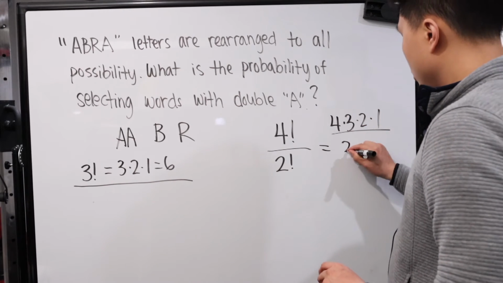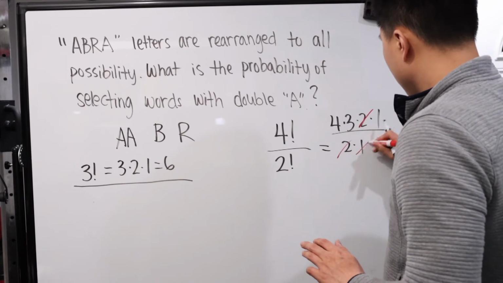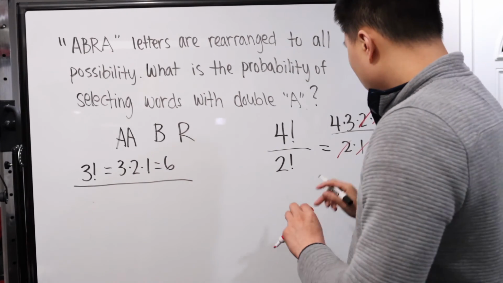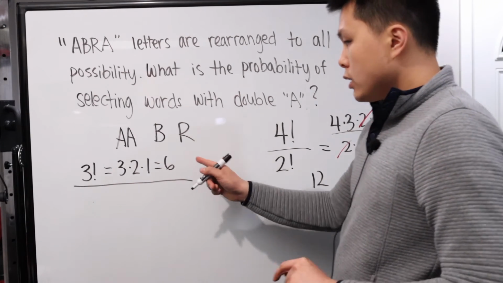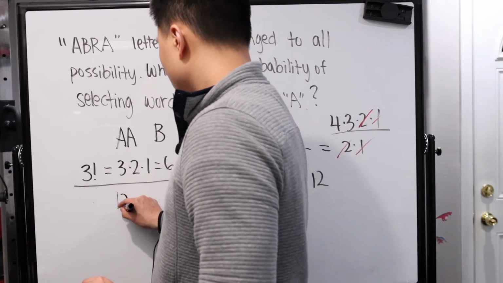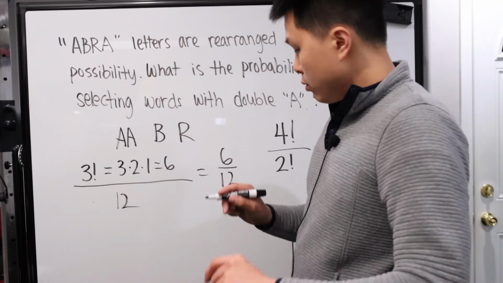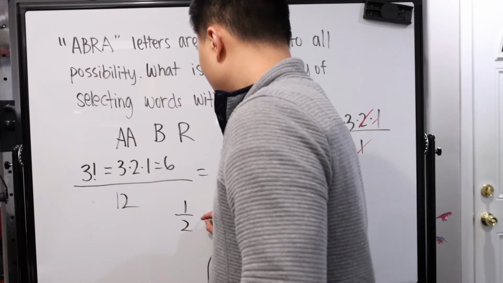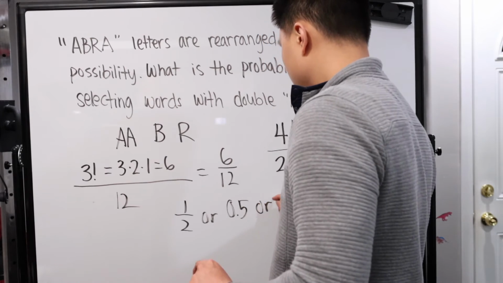The bottom is just 2 times 1. These cancel, and basically you have 4 times 3, so here we have 12. So it's actually 6 over 12, or 1 over 2, or 0.5 or 50%.